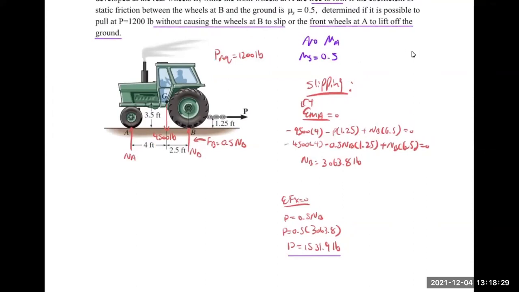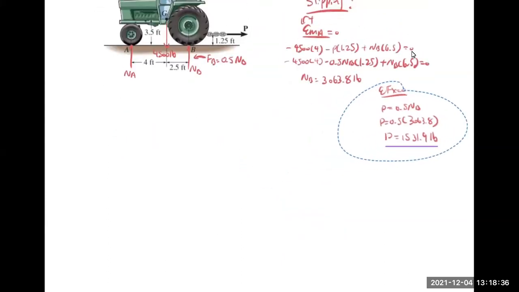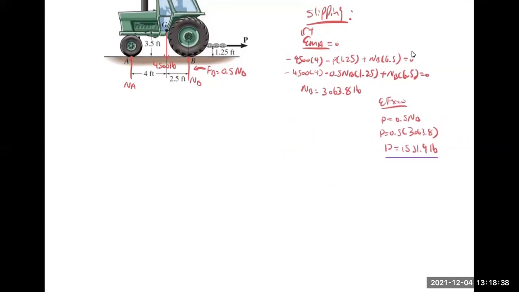But right now let's look at the other case, where this thing would tip. So tipping.